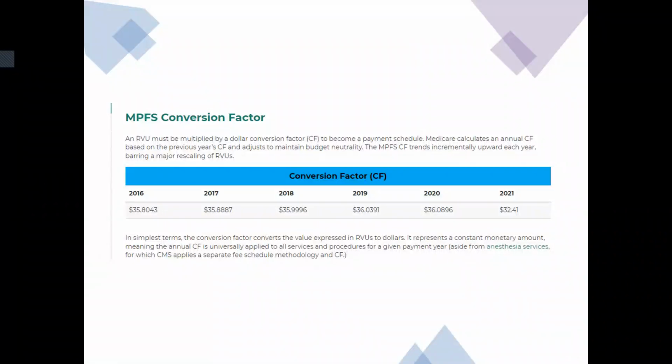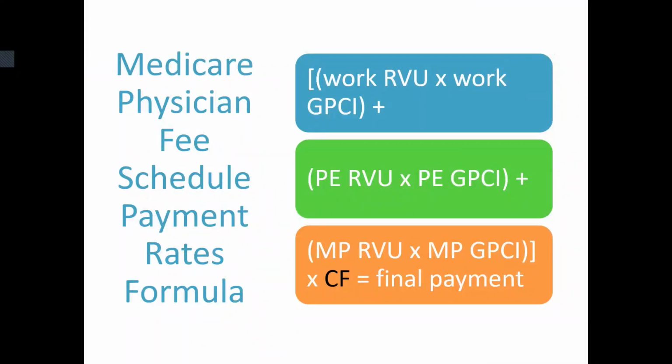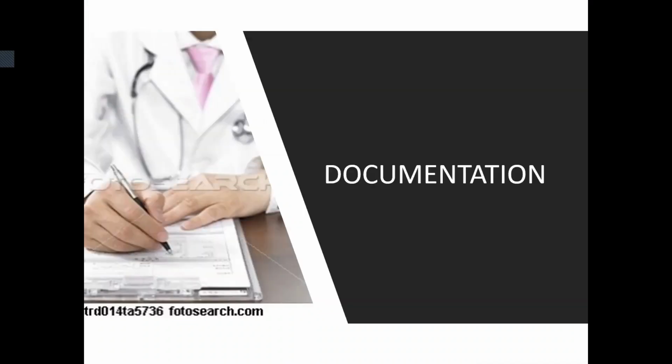Then it's put through a conversion factor to stabilize it, especially in areas from year to year when you have areas of high inflation, it stabilizes the payment. So basically an RVU is the work with a geographic factor built in, the overhead with a geographic factor built in, which is practice environment, malpractice costs with a geographic environment multiplied by a factor to account for inflation. And that's how you calculate RVUs.